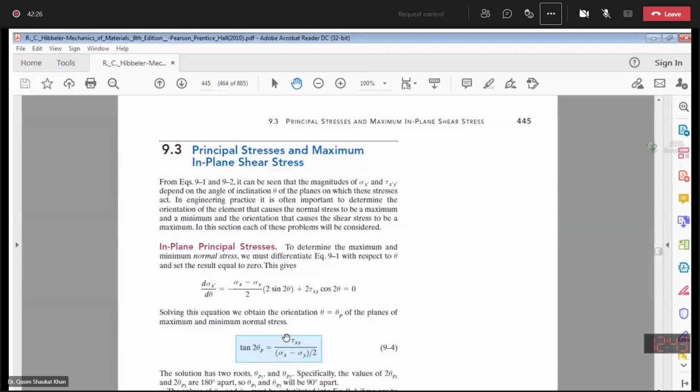First, please take the derivative of equation 1, sigma x dash is equal to sigma x plus sigma y over 2 plus sigma x minus sigma y over 2 cos 2 theta plus tau xy sin 2 theta. And then equate it equal to 0, you must get this expression. Guys, please try, and then I will also show you how to do it.